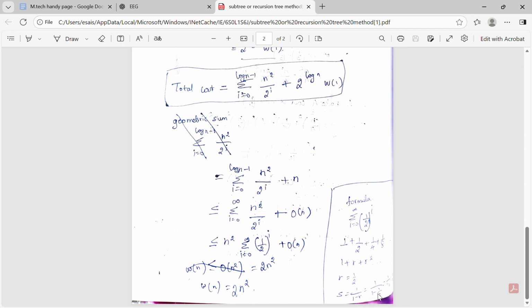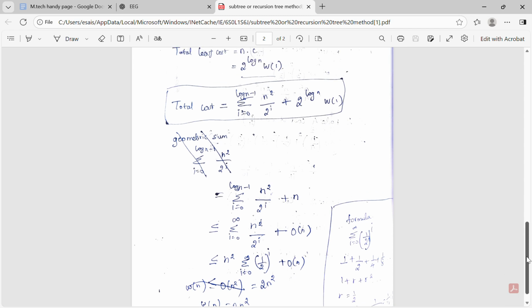So 1 by 1 minus 1 by 2, where 1 minus 1 by 2 is 1 by 2 in the denominator, and when it comes to the top, it will be 2. So the sum of I equal to 0 to infinity of 1 by 2 whole power I becomes 2. So this is 2n square, and the leaf term is of order n. So finally we conclude W of n equals 2n square based on the subtree method.